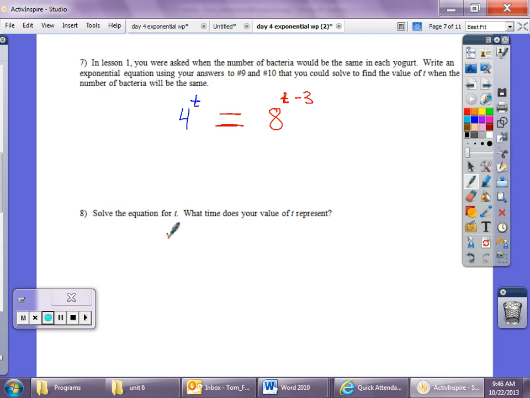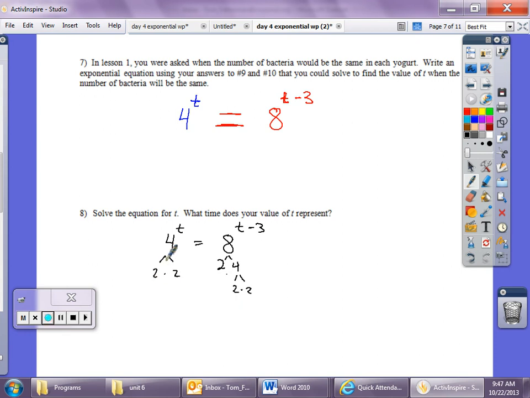So if we look at this, I have 4 to the t, and I have 8 to the t minus 3. Well, 4 and 8 aren't the same base, so we have to change the base. We can break 8 into 2 times 4, but we can't use the power of 4, so we break 4 down to 2 times 2, and 8 into 2 times 2 times 2.